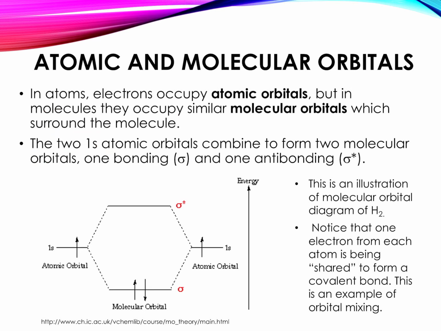So in atoms, electrons occupy atomic orbitals. In molecules, they occupy molecular orbitals, which are similar. They're just slightly different, but similar in nature. So remember when we did these orbital diagrams with the lines and the arrows? We always had the lowest energy at the bottom and the highest energy at the top.